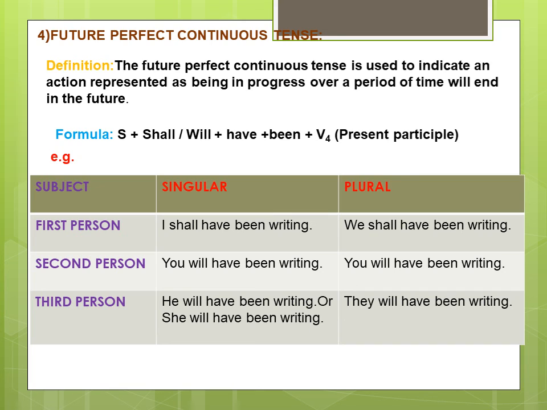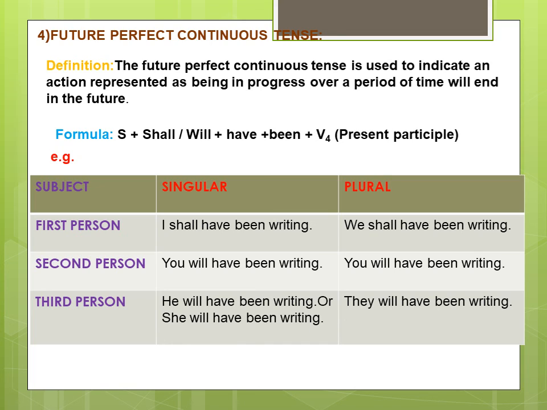Here he and she are showing us the subject, related to third person singular. Will have been is really necessary to write because it's the future perfect continuous tense. And writing is also necessary, the present participle form of the verb.